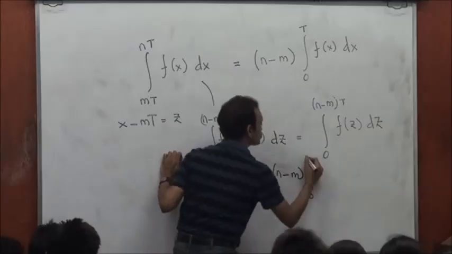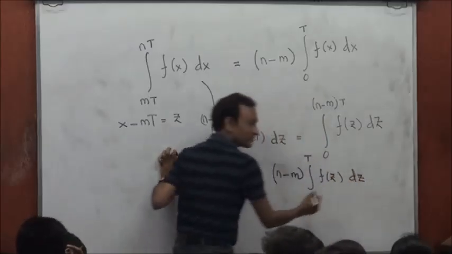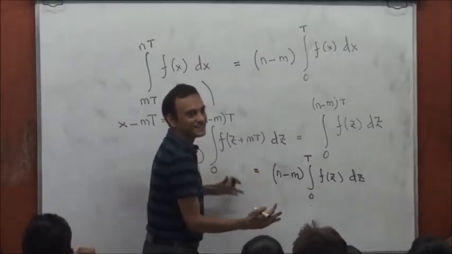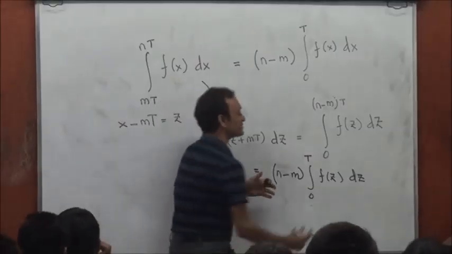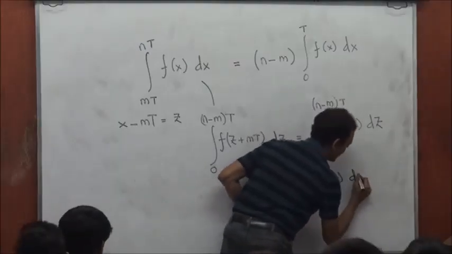Integer times the integral from 0 to t of f(z), or London or Patna or Paris or x. So might as well have x. Got it?